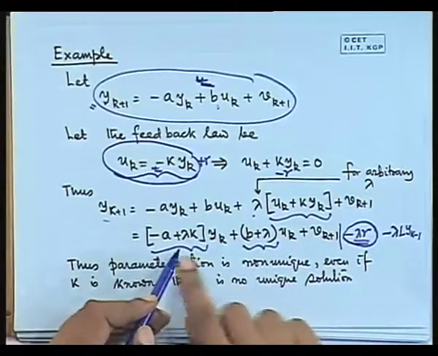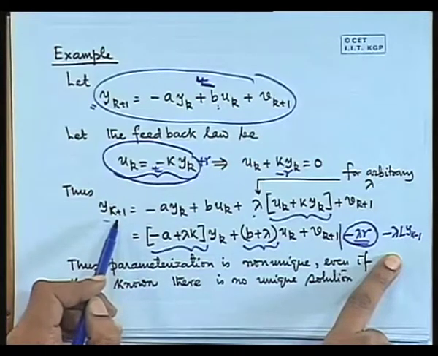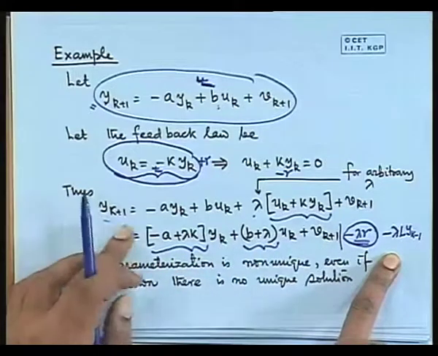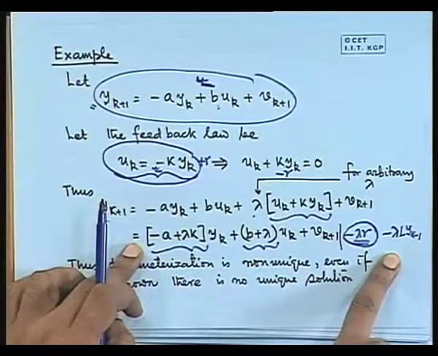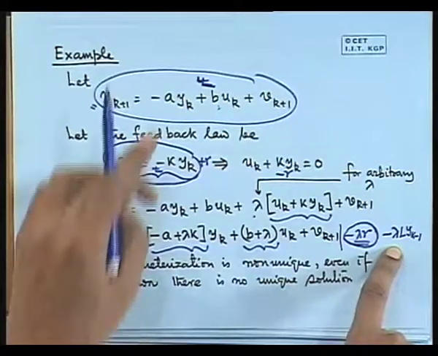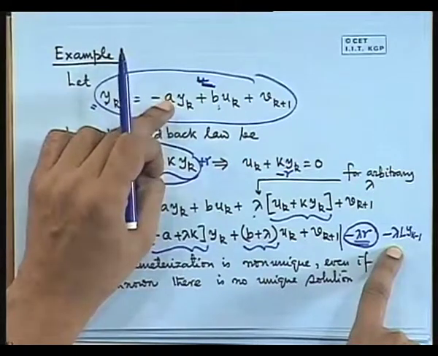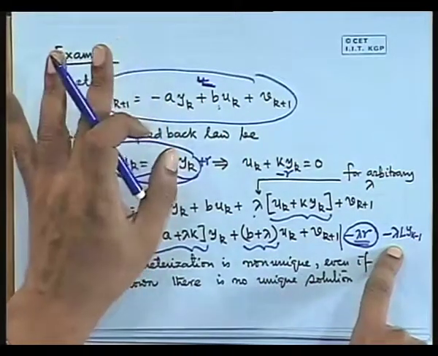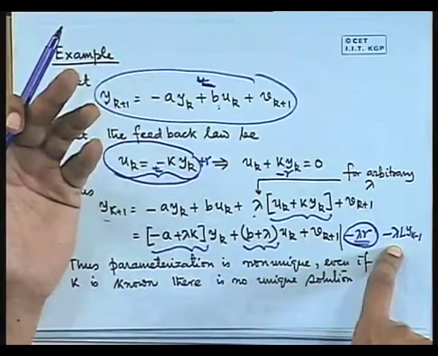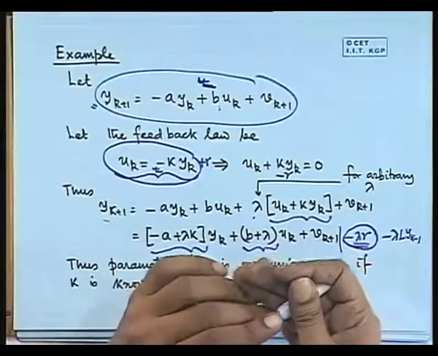So now your model structure would have been second order, that is the A polynomial order would have been second. So the data really satisfies a second order parameterization if lambda is non-zero, but you are trying to identify with a first order model. So that will be satisfied only if lambda equal to 0, not otherwise. So therefore you again have unique parameterization.